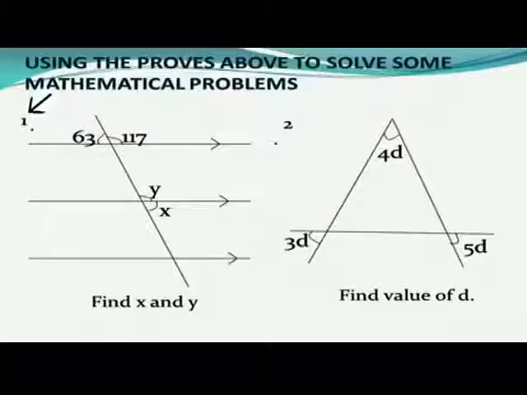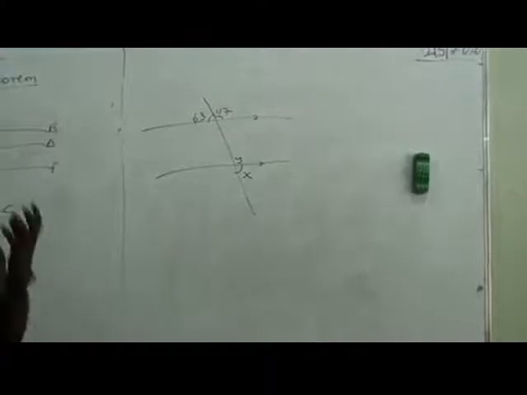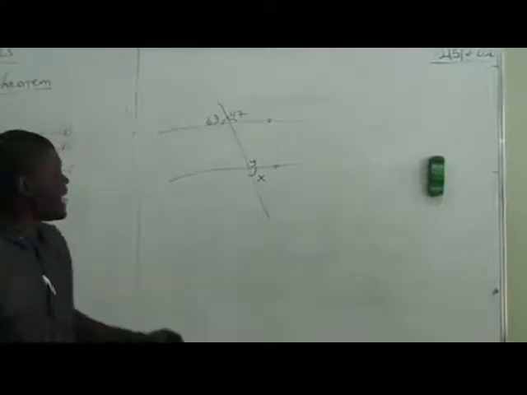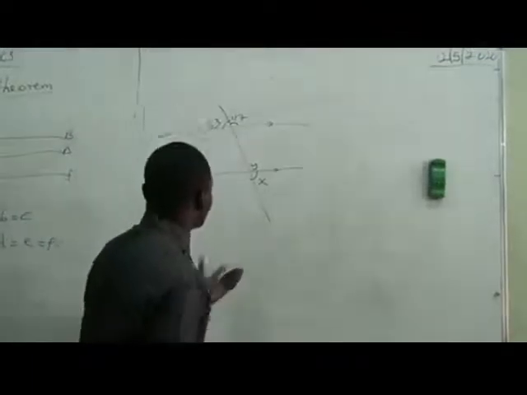Now we have this diagram and you are told to find X. If you look at the board, if you can remember what I just explained, you see that X is 63 without even doing anything, because of what?